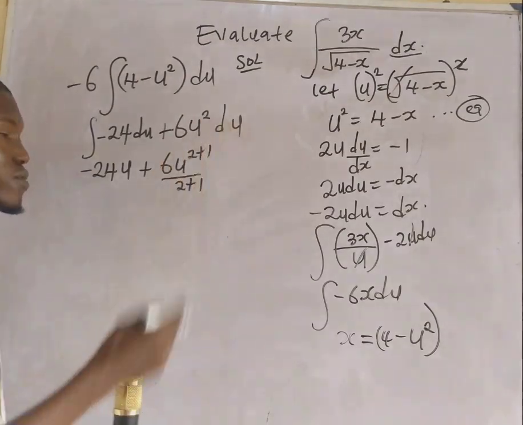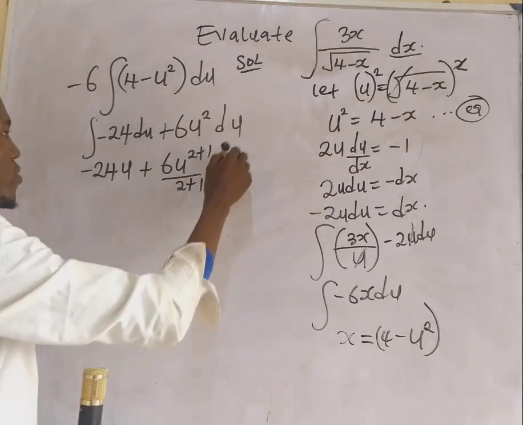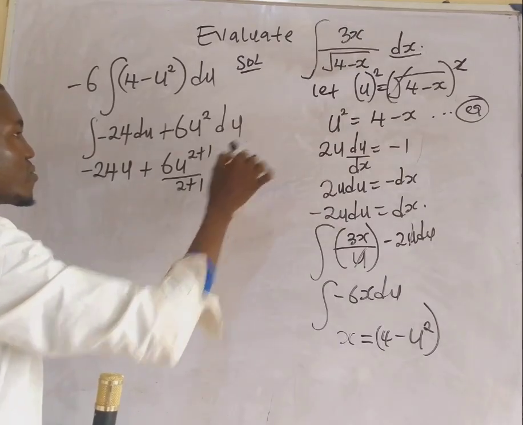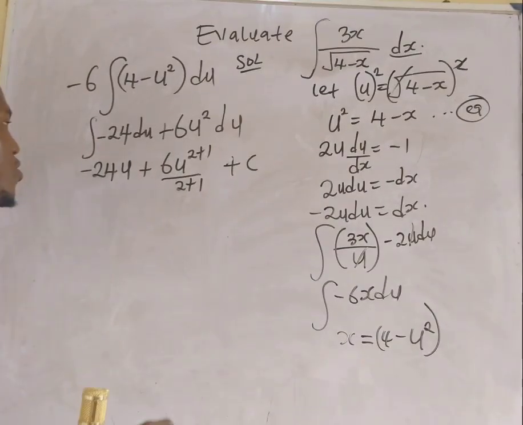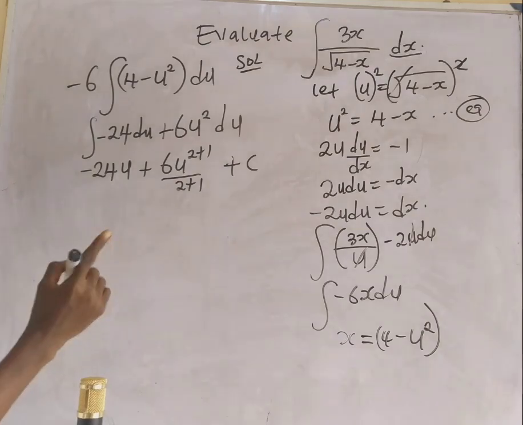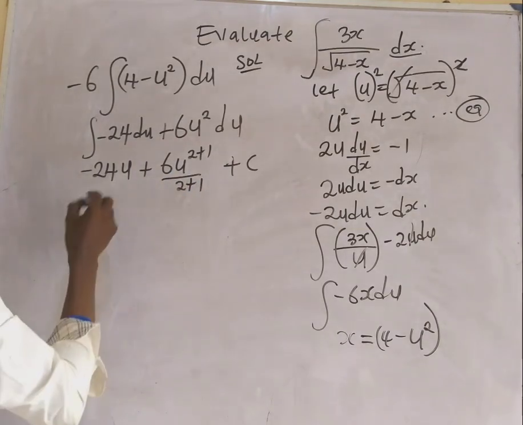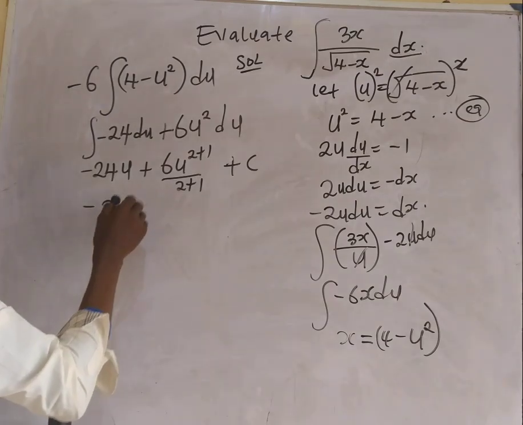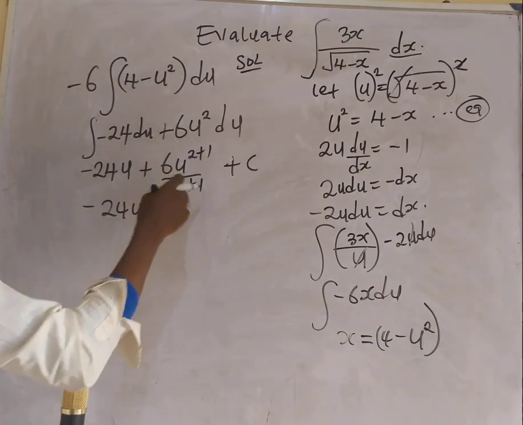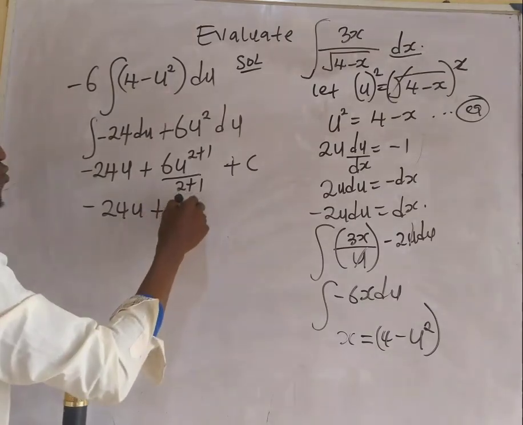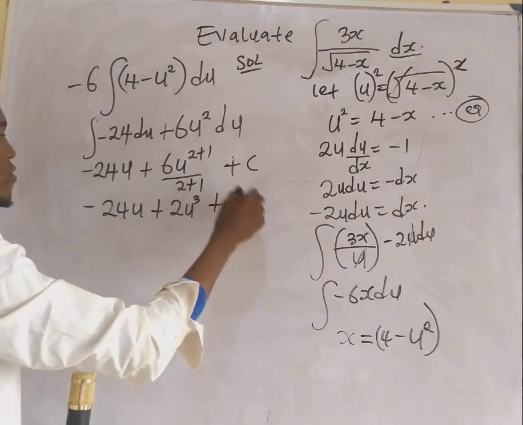We can put our plus c because we are close to a final answer. 2 plus 1 is 3, and 6 divided by 3 is 2, so we are left with minus 24u plus 2u raised to the power 3 plus c.